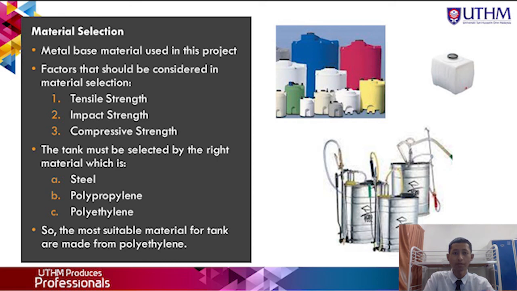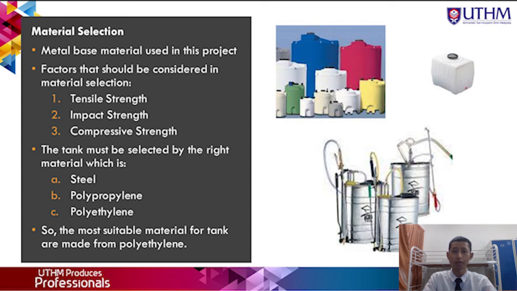There are three main things to consider when choosing the material: the material needs to meet the performance requirements, the material is easy to process, and lastly, the material has the right aesthetic properties. Metal-based materials are used in this project. The different metal strengths need to be considered. Among them are tensile strength, impact strength, and compressive strength.